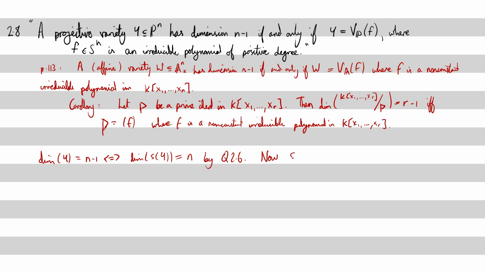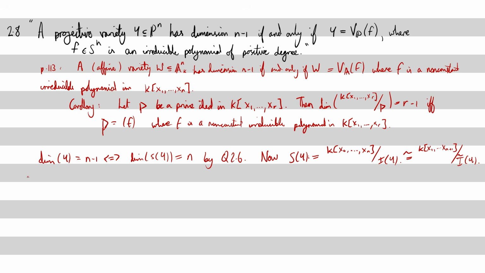Now, S of Y is defined to be k[x0, ..., xn] over the ideal generated by homogeneous elements vanishing on Y, which is isomorphic to k[x1, ..., xn+1] over I of Y tilde, where the tilde is just the image under this bijection, or this reassignment.